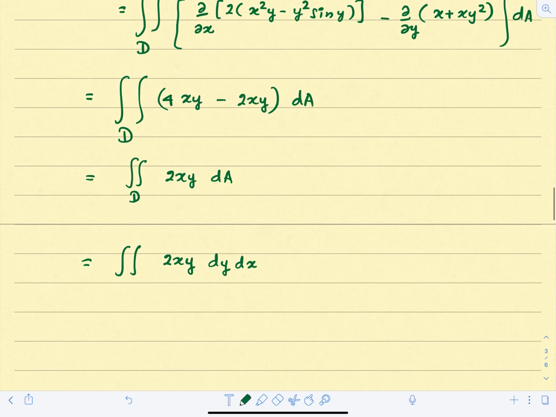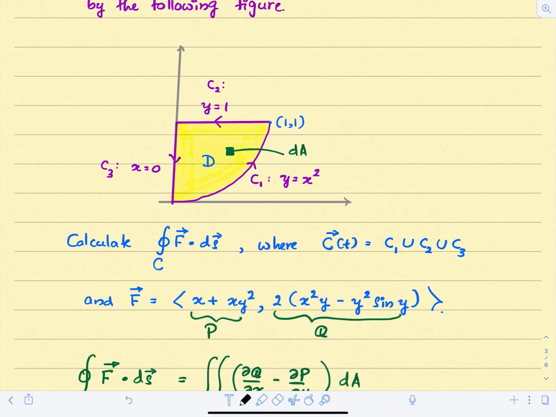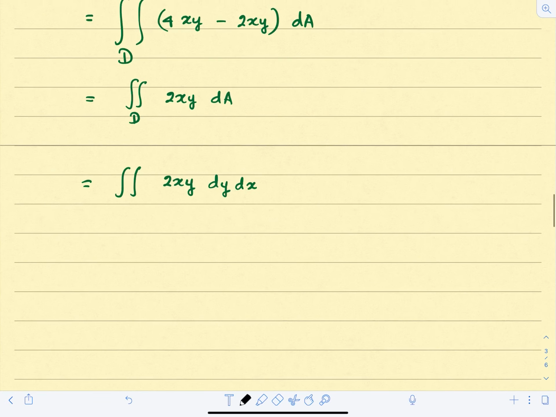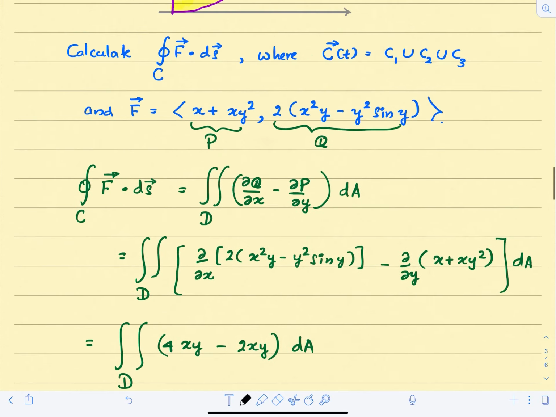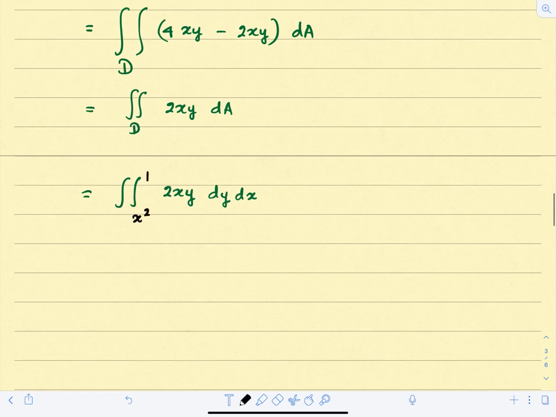Now my first variable of integration is y. The lower limit of y is given by the parabola x squared. The upper limit of y is given by the horizontal line y equals 1. And then x should go from 0 to 1.